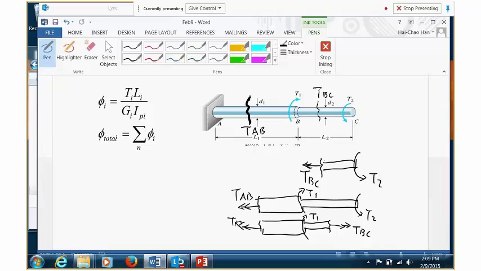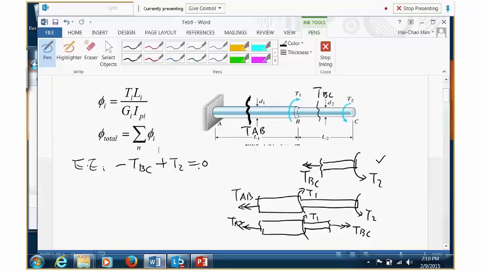Now, equation of equilibrium. For the very first one, the top one, what's the equation of equilibrium? You're going to have negative TBC, then plus T2 equals 0.